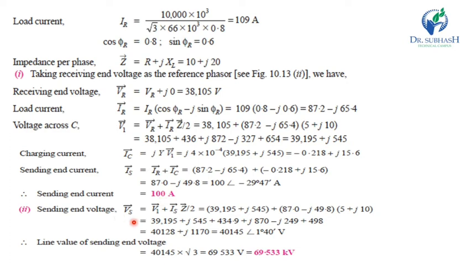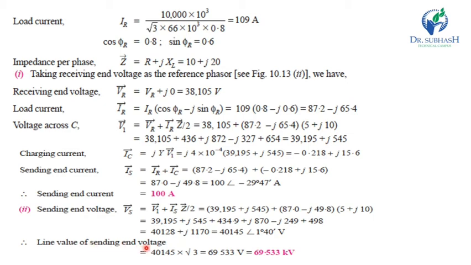Now sending end voltage Vs, which is equal to V1 plus Is Z by 2. So put the values of V1, Is and Z by 2, and we get the value of Vs, which is 40,144 angle 1 degree 40 minute volt.